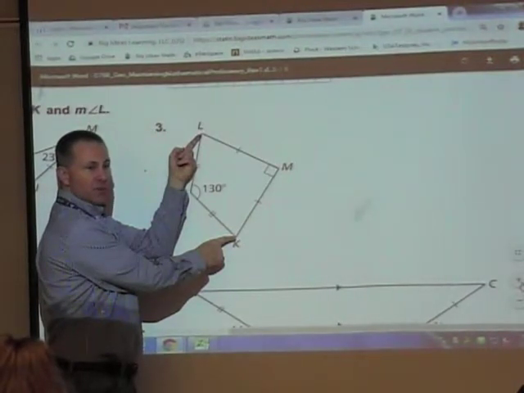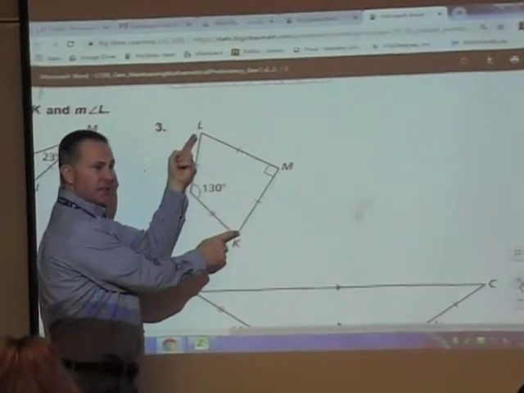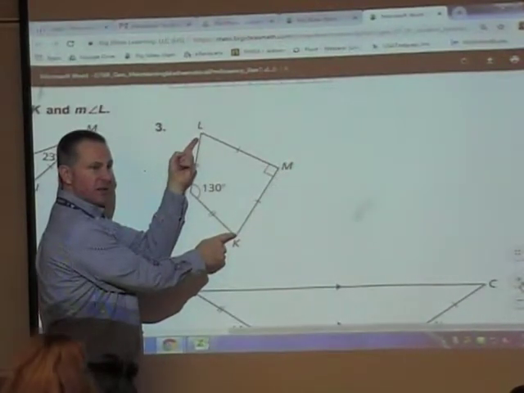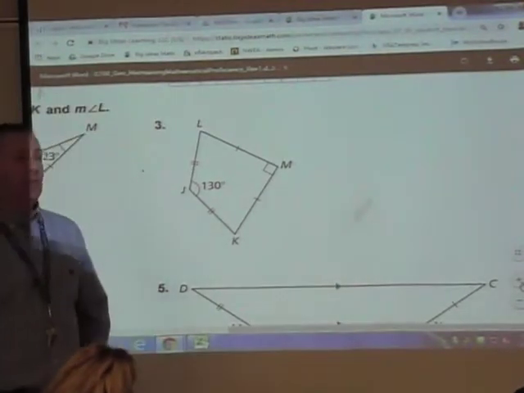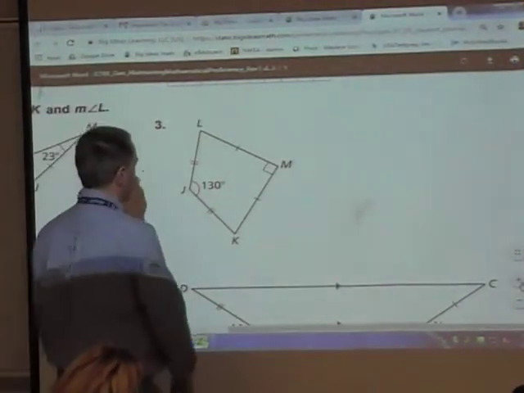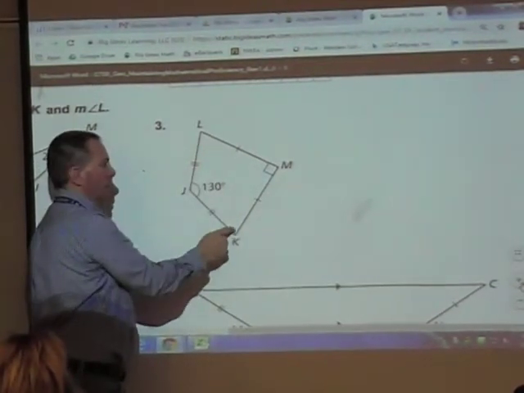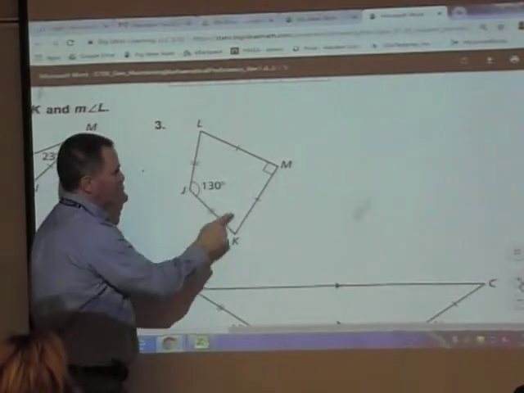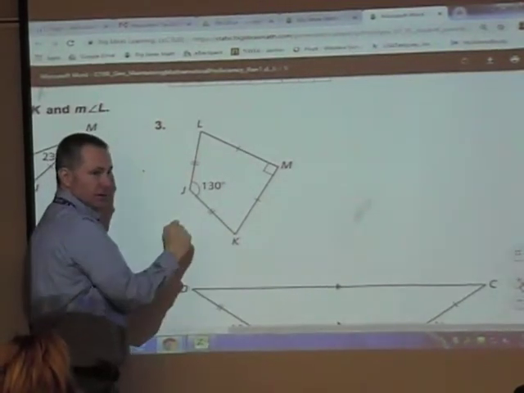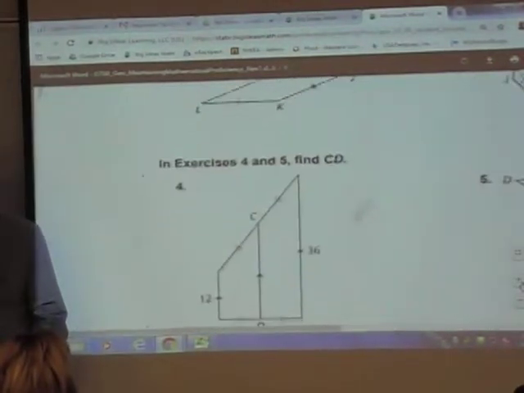So if there's 140 degrees left, what are each of these? 70. So write that down. 70 degrees. Again, that's from a theorem. All right? The opposite angles in a kite are congruent. Not these 2. These are opposite angles, but they're not congruent. It's these 2 pieces that are congruent. Always.